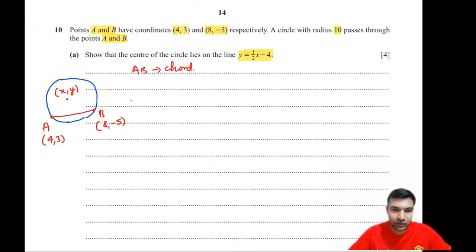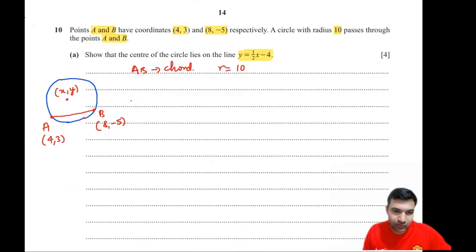Okay, so far we know this much. And then they are saying that the radius is 10 centimeters, right? So R is also given to us as 10 centimeters or 10 units basically. Show that the center of the circle lies on the line. So I need to find the equation for the center, right? So how can I do this? One way to think is using the circle theorems which we have learned in IGCSE.